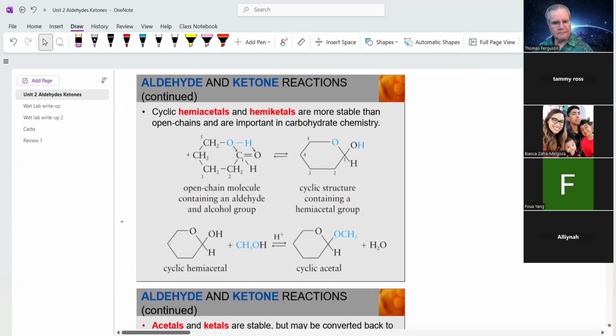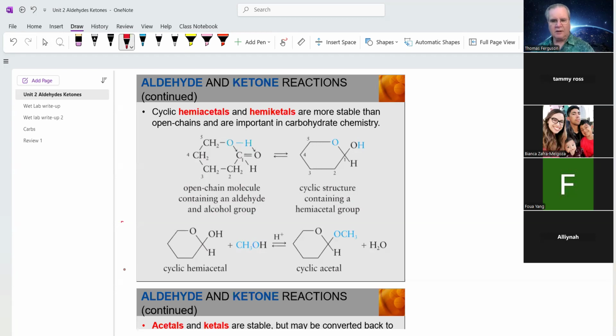Now, sometimes you can have on the same molecule both an alcohol and an aldehyde. And as long as the molecule is 6 members, well, actually 5 members or more, the tail end can come around and react with the front end. So think of a scorpion.